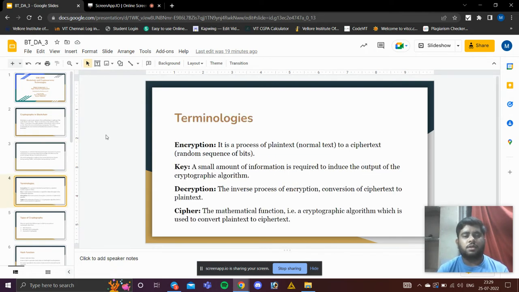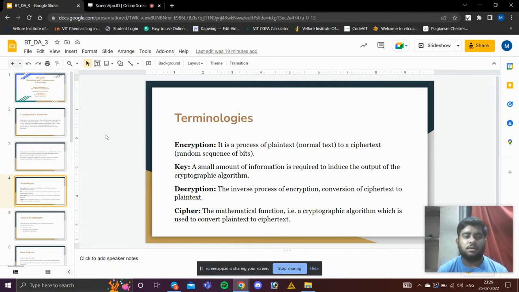So, some terminologies we need to know before going further are these. Encryption is the process of converting plain text to a ciphertext, a random sequence of bits, so that if we want to hide the plain text, which is sometimes confidential, it is converted to a ciphertext for hiding. And key is a small amount of information required to control the output of the cryptographic algorithm.